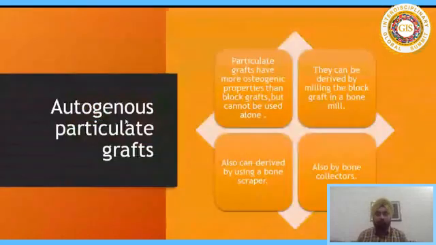Now, autogenous particulate grafts. Particulate grafts have more osteogenic properties because the surface area is increased, but they cannot be used alone because they will resorb. They can be derived by milling the graft in a bone mill, or you could just use a bone scraper to scrape the harvested graft.